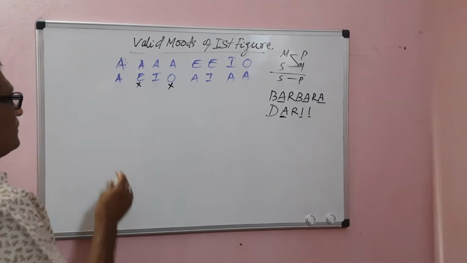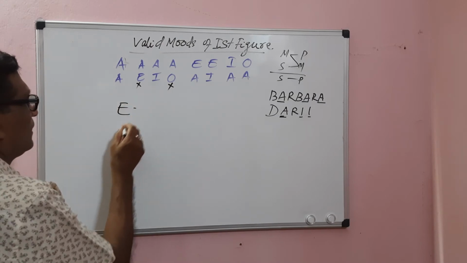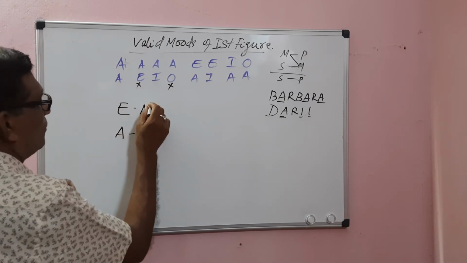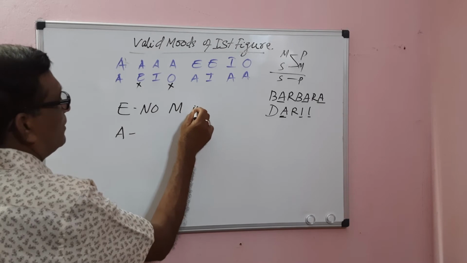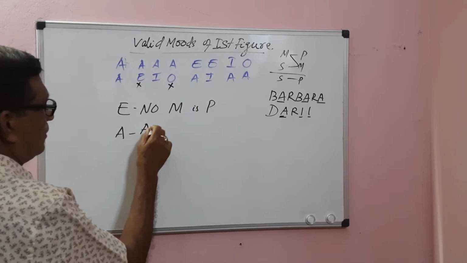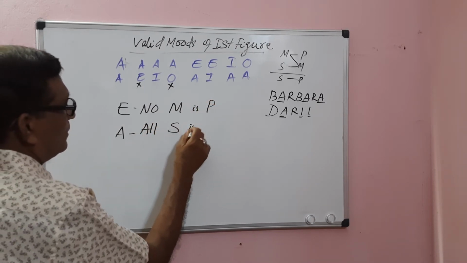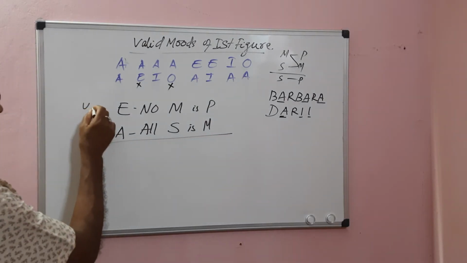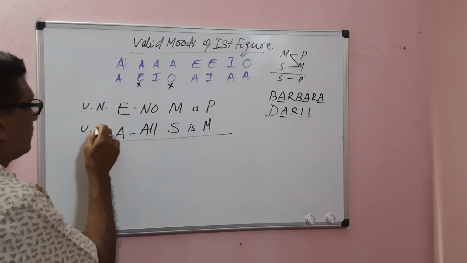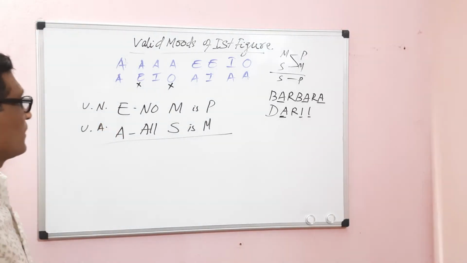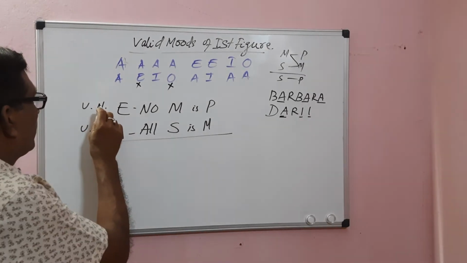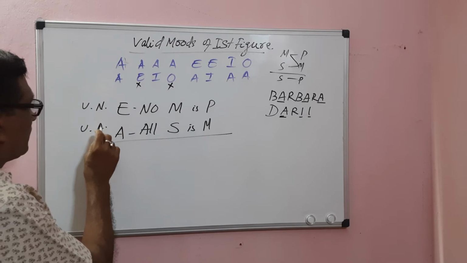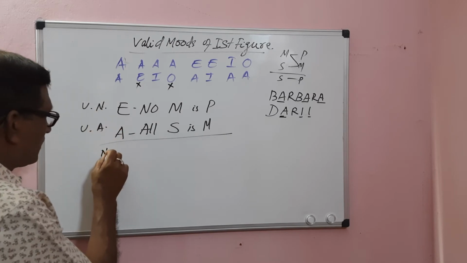Then EA. No M is P, all S is M. The major premise is a universal negative and the minor premise is a universal affirmative. When one premise is negative and the other is affirmative, the conclusion must be negative.